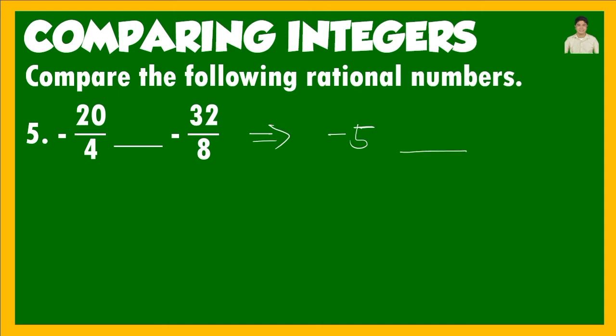Next, negative 32/8. That is negative 4. Negative whole number din po siya. So, magiging negative 5 blank negative 4. Ngayon, compare na natin yung dalawang numbers. Alin ang mas mataas? Negative 5 or negative 4? Siyempre, yung negative 4. Kasi mas malapit po sa 0 yung negative 4. Therefore, yung inequality symbol natin is less than.